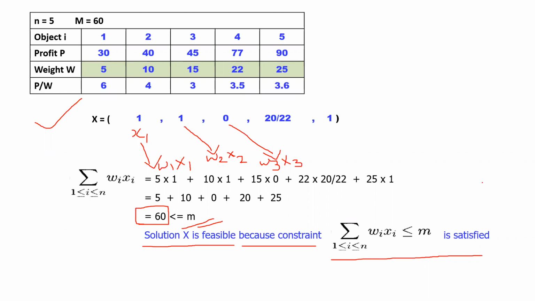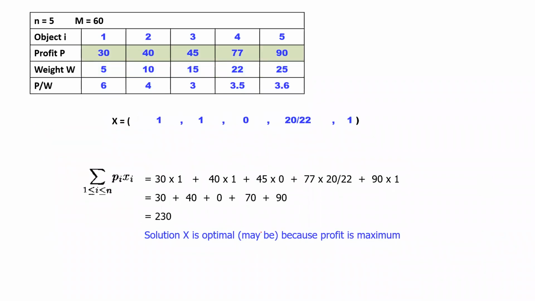Now, there might be many solutions, among which some will be feasible solutions. Among feasible solutions, there will be one optimal solution. So I have proved that the solution I have generated here is feasible. Now I'll also have to prove whether it is optimal or not. So for that, I'm going to calculate this part.